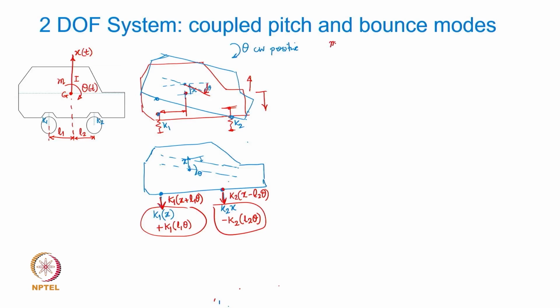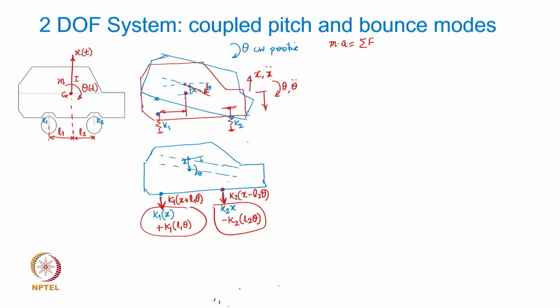Now I will apply Newton's law, where we all know that mass times acceleration equals the summation of all the forces in the direction of acceleration. Now, x and theta are assumed positive the way you have seen this. So, x and x double dot and theta and theta double dot are positive as shown.